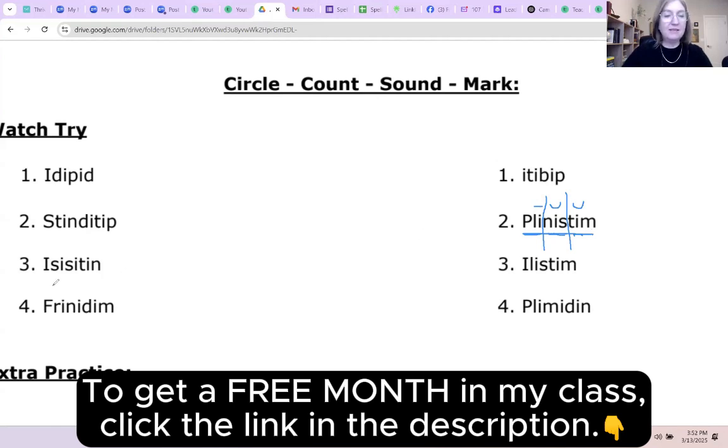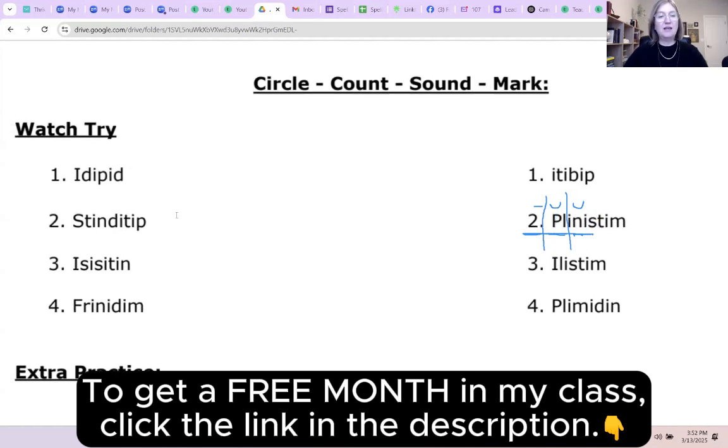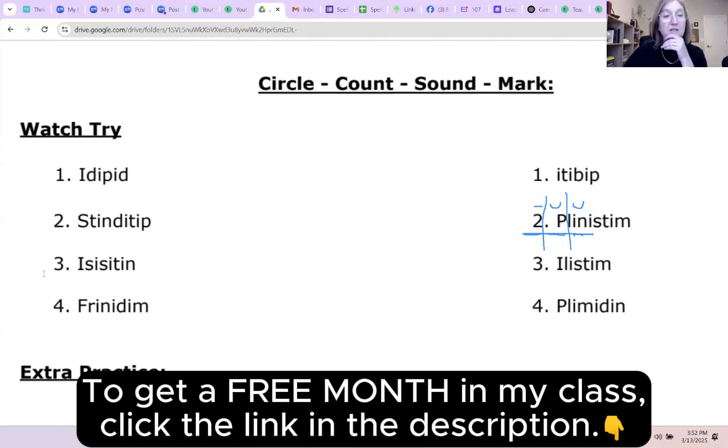All right, now this one, number 3, I'm glad I get to do it with you because it's actually a 4-syllable word. Look at this. We have 1, 2, 3, 4 vowels in that word that don't touch, so it's a 4-syllable word. So let's go through it. This I will say I because there's a vowel 1 or 2 doors away. This I will say I because it's in the middle syllable.